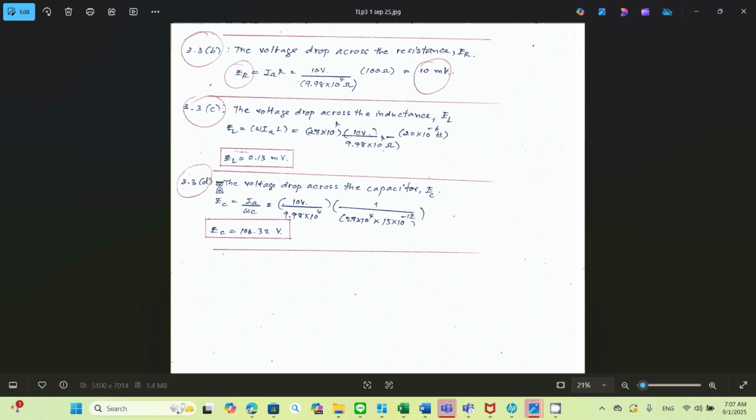The last one, 3.3d, the voltage drop across the capacitor, E_C. This is the magnitude of the voltage drop across the capacitor, I_A over omega C. You plug in the numbers, and you end up with the voltage drop across the capacitor equal to 106.32 volts. Okay, so that's all about our RLC circuit.